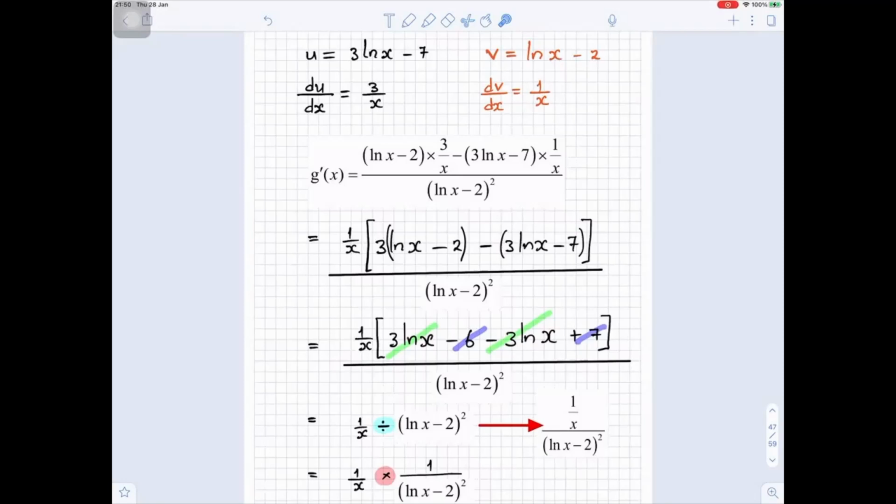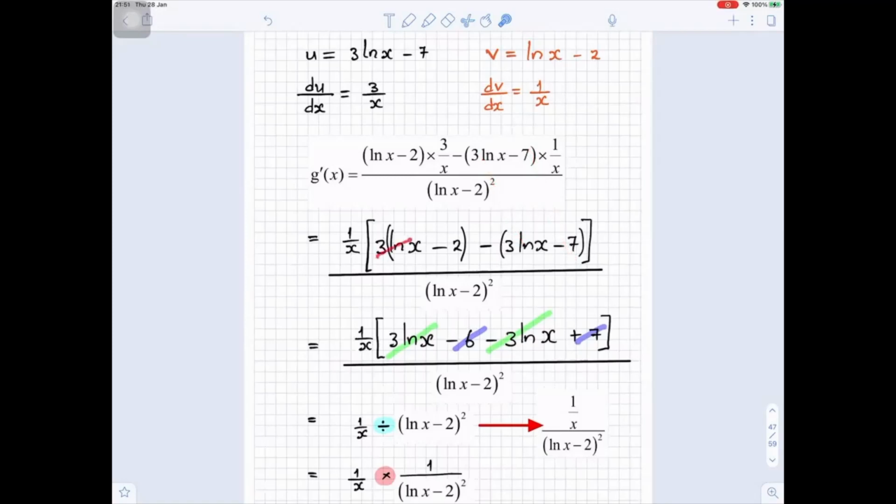Now, we can take 1 over x out of the bracket. So we have 1 over x there. We'll be left with 3 ln x minus 2, and we'll be left with 3 ln x minus 7.